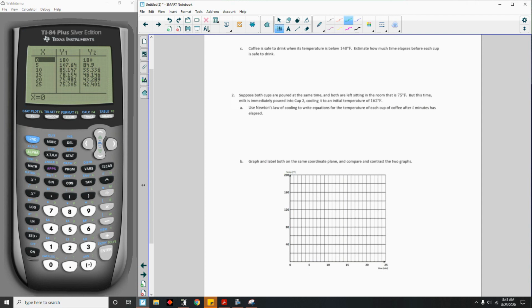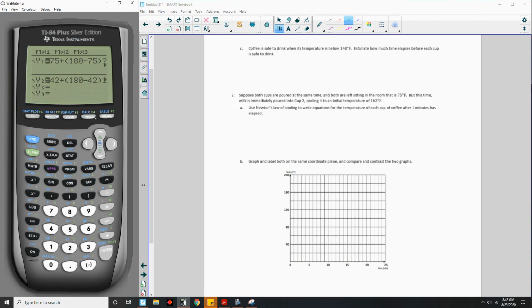So if I just clear these, delete, delete, delete, my functions are still in there. Y1 is the coffee that's in the room at 75 degrees. Y2 is the coffee that's outdoors at 42 degrees.